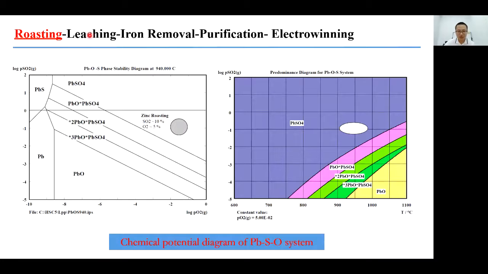In the leaching stage, we use sulfuric acid, and all of us know that lead sulfate is insoluble in a sulfuric acid solution system, so it will end up in the leaching residue. Also, along with increasing or varying oxygen partial pressure or temperature, the lead always stays as lead sulfate.